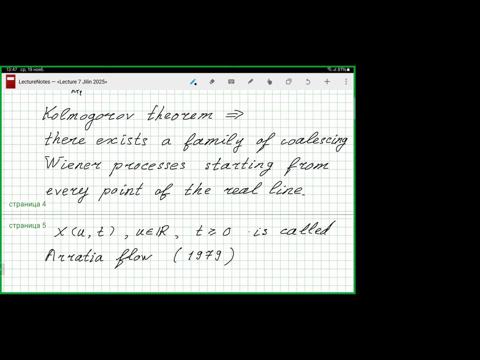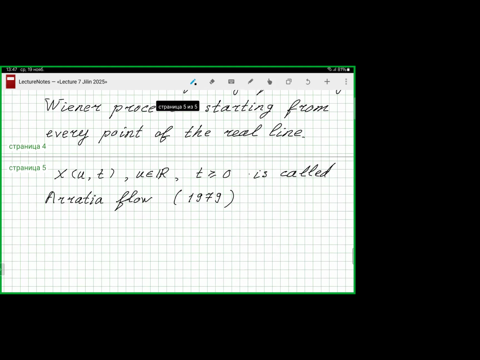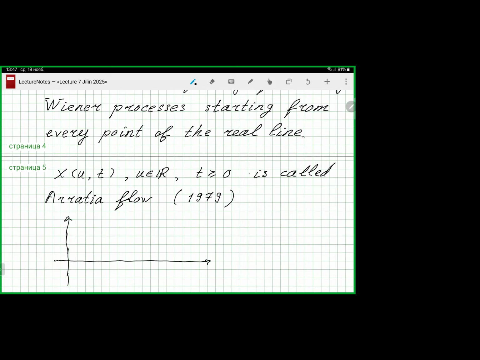And there are a lot of different constructions. But what is interesting, one can go further and construct not only the Arratia flow, but the Arratia web. What does it mean? It means that one can consider not only starting points on the real line, as we did before, but also starting points at any moment of time s, and do the same, checking the previous trajectories.